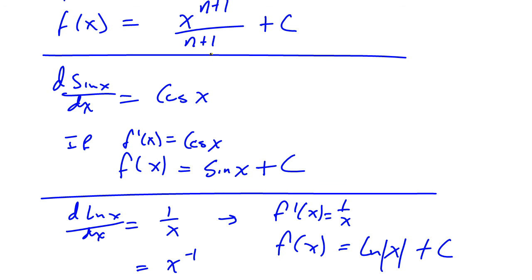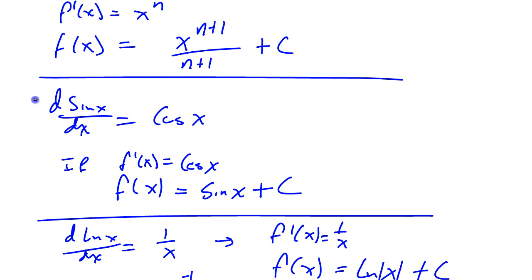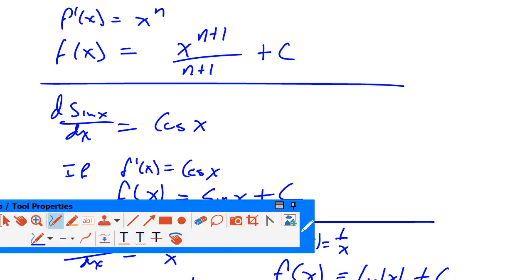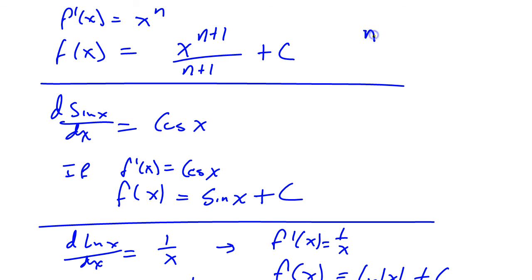Something's wrong. So this power rule is only going to work when n is not equal to -1.